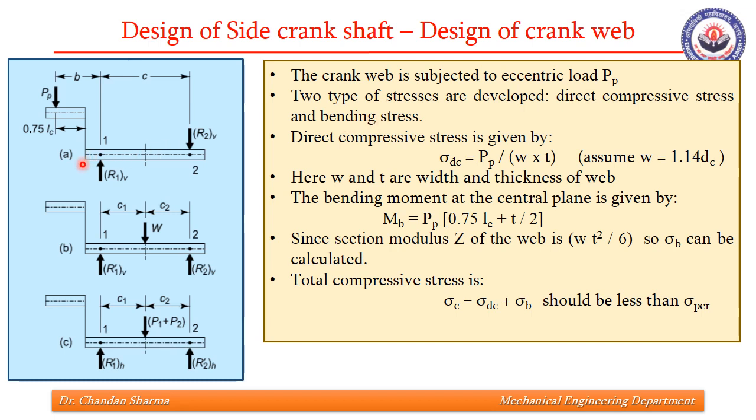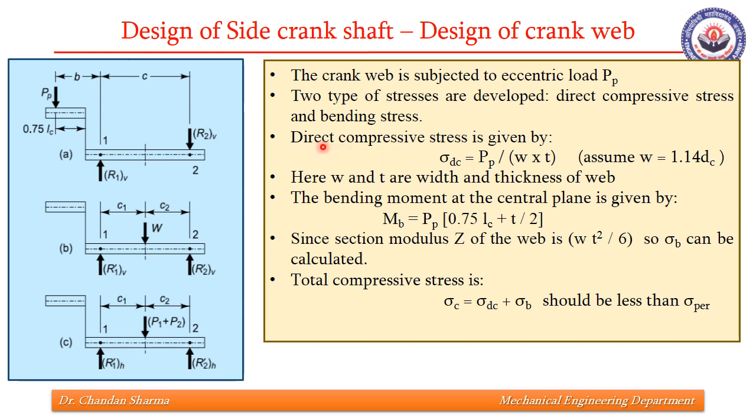How? Let us assume that this is the crank web. To know the effect of this PP force on the crank web, at the CG of the crank web we'll put equal and opposite forces equal to PP. This downward force PP will create compressive stress, and the couple formed by this PP vertically downwards and this PP vertically upwards will create bending stress.